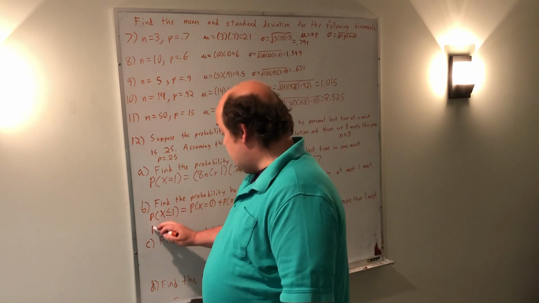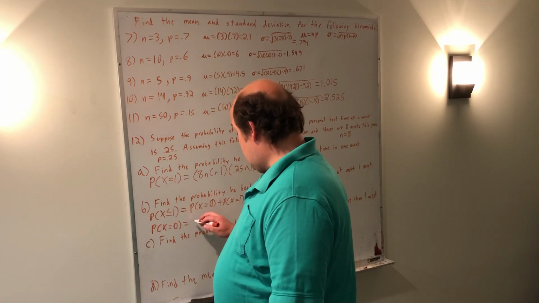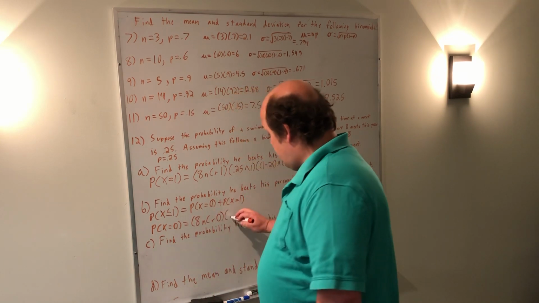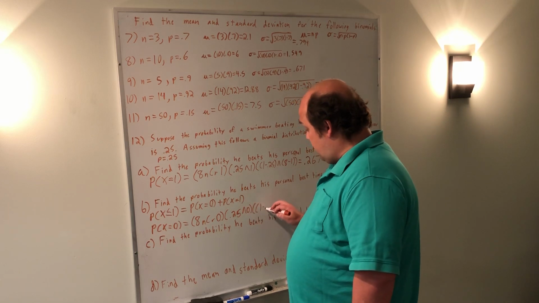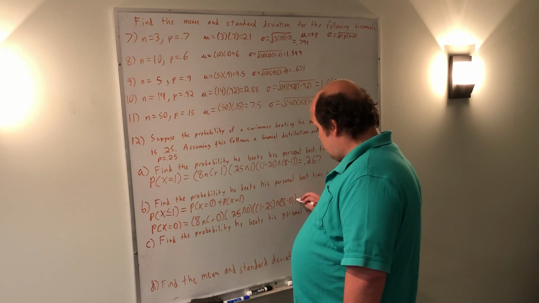So the only new time I'm going to need to run the formula is for the probability of x equals 0. That's going to be 8 NCR 0, 0.25 to the power of 0, times (1 minus 0.25) to the power of 8 minus 0.